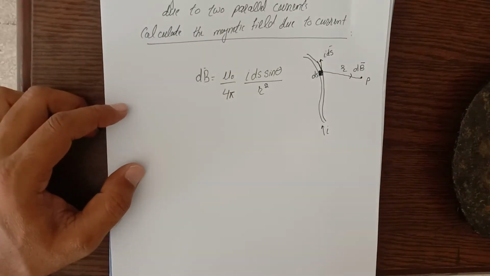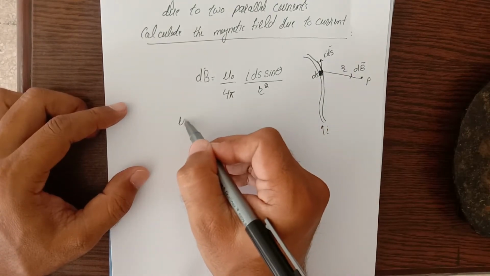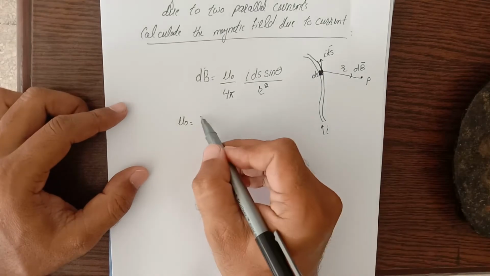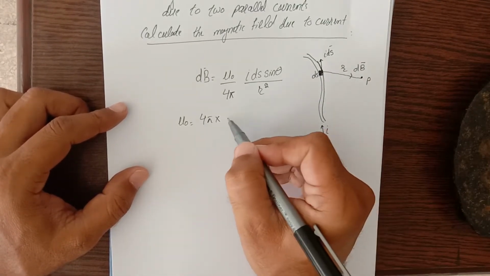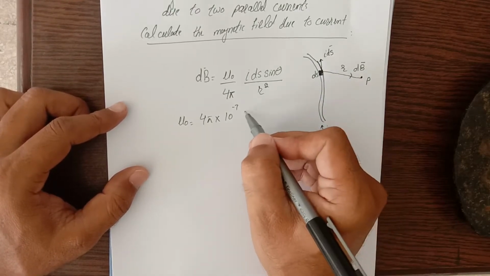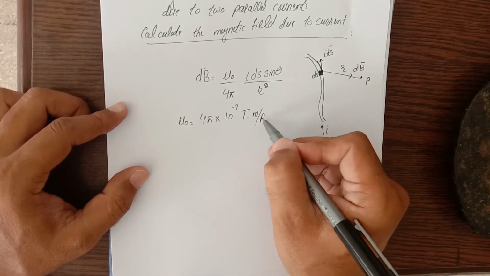You know all these values except this mu naught. Mu naught is permeability of free space, and it has value of 4 pi into 10 raised to power minus 7 Tesla meter per ampere.